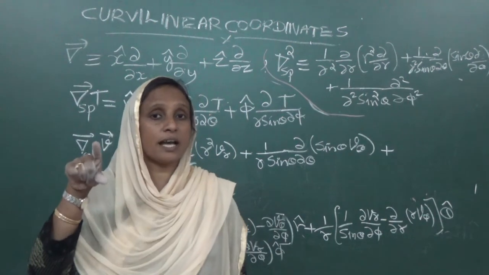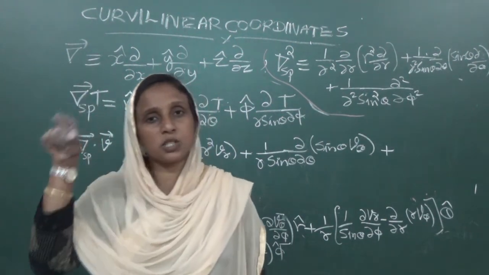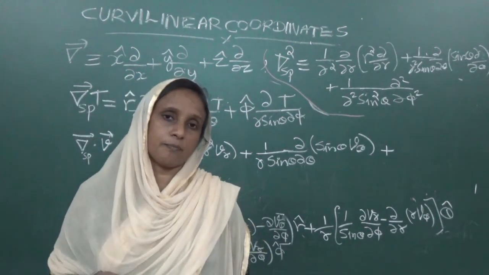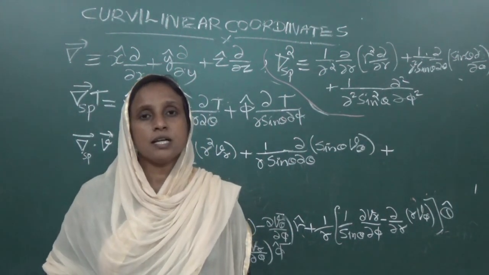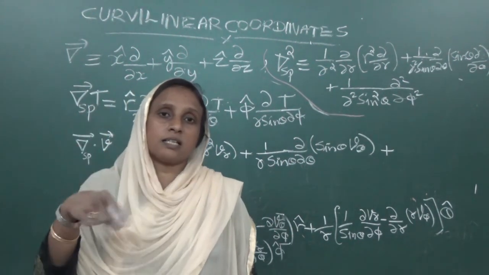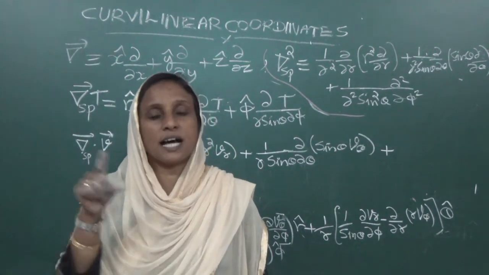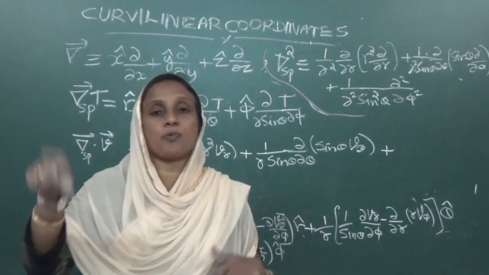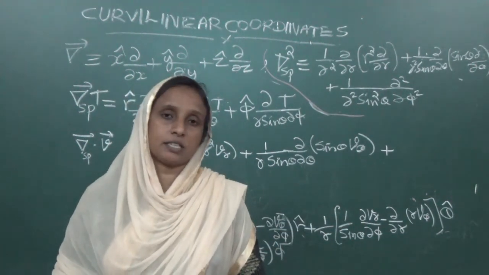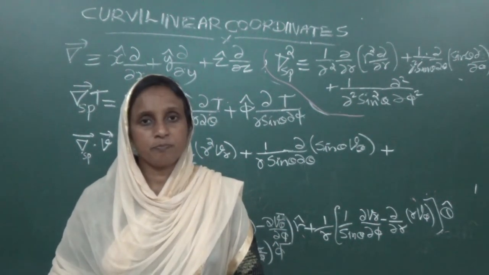Theta is the polar angle which is measured from the z-axis to the radial vector r. Similarly, another angle is phi, called the azimuthal angle. It is measured from the x-axis to the projection of radial vector r on the xy plane.